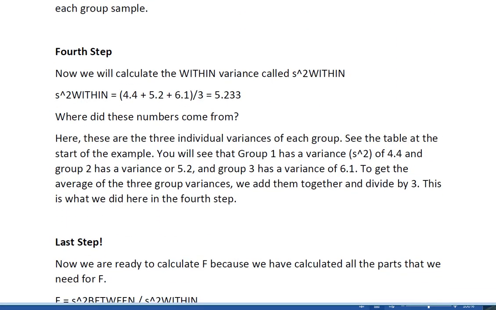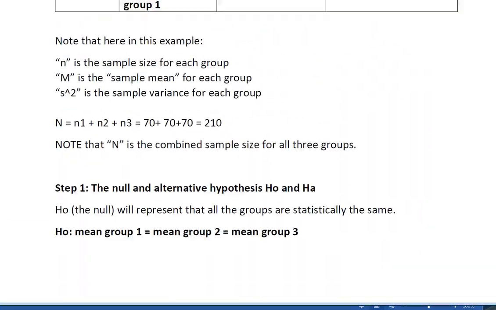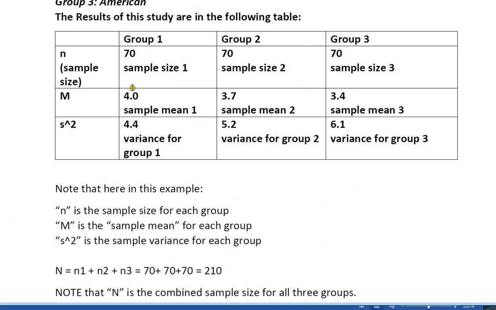In our fourth step, we will calculate the within variance, which actually takes all of the variances from our original table of information and takes their average. So if you recall, and let's look at our original table, we had individual sample means. We also had individual sample variances.